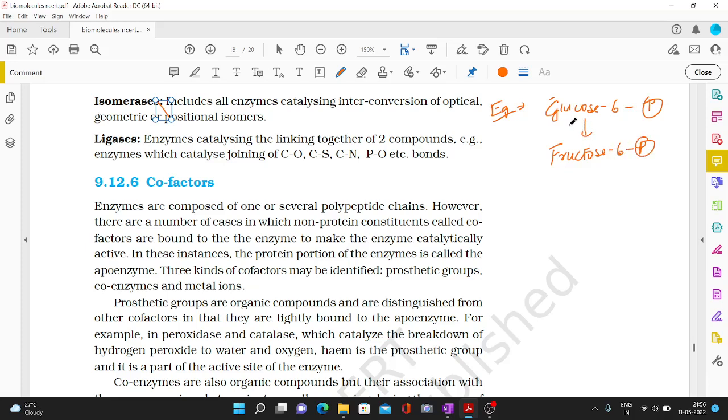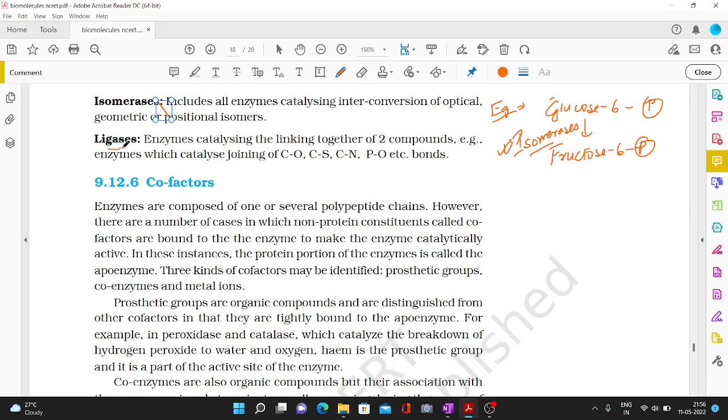Now, glucose and fructose are isomers. What are isomers? Isomers are molecules having the same molecular formula but different structural formula. So such enzymes, which help in converting a molecule into its isomer, are known as isomerases. Then comes ligases.